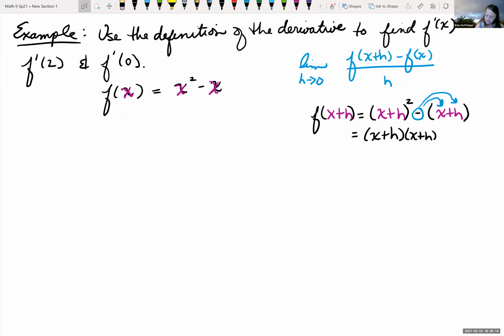So this would give me minus x minus h. So distributing, I get x times x is x squared, x times h, so plus xh, h times x, so plus xh, and h times h is plus h squared minus x minus h.